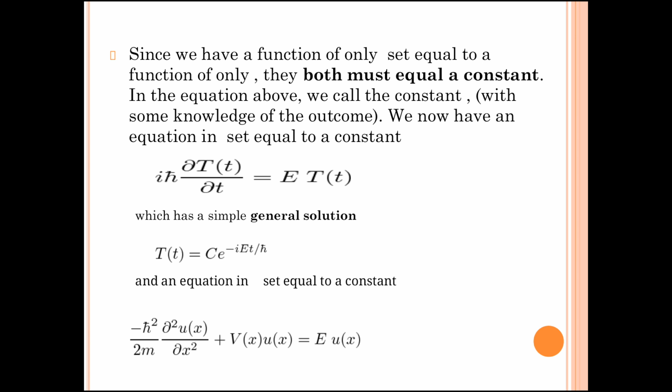We know that E is a constant, which has a simple general solution: T of t is equal to c e raised to minus i E t divided by h bar. And the equation in x set equal to the constant gives minus h bar squared del square u of x divided by 2m del x square plus V of x into u of x is equal to E u of x.